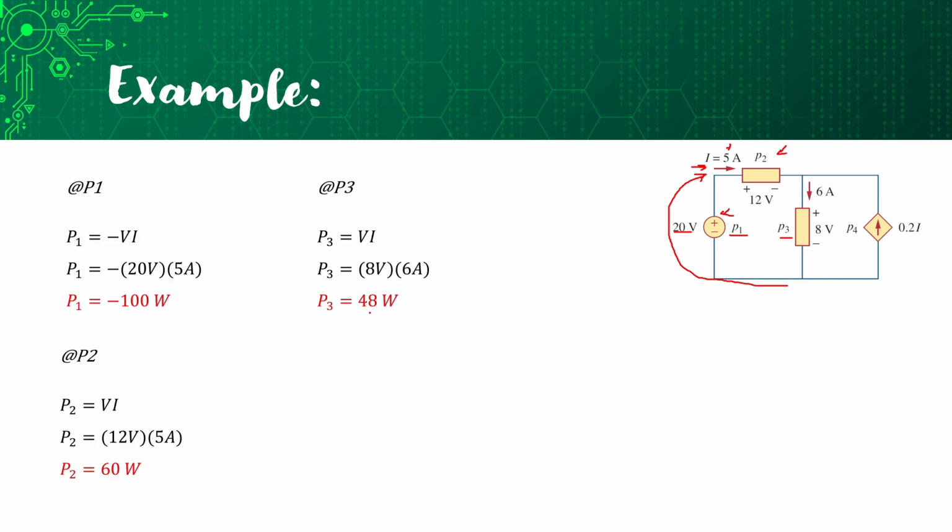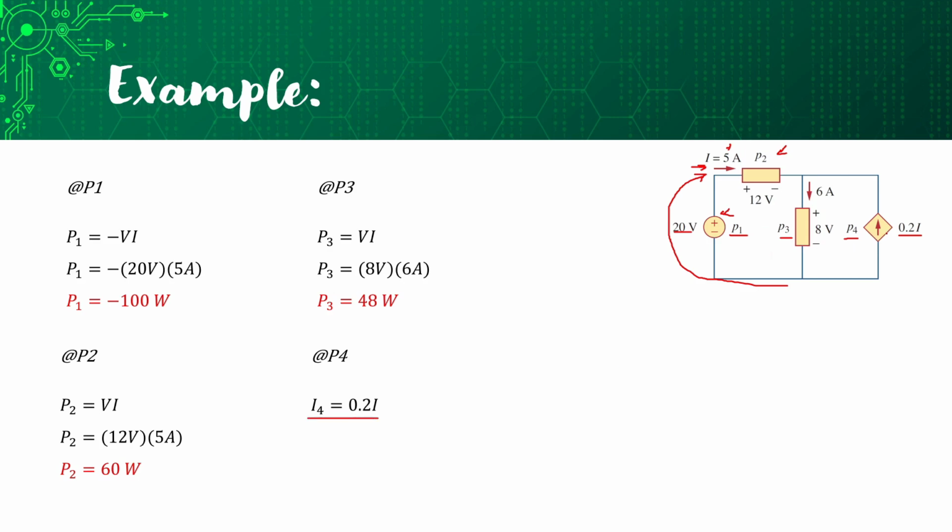Now the problem is the dependent source, which is P4. Since we don't know the value of this source but we know the equation or condition, we need to find it first. Since it is a current source, we assume this is a current I, so I is equal to 0.2 I. This is the condition here.